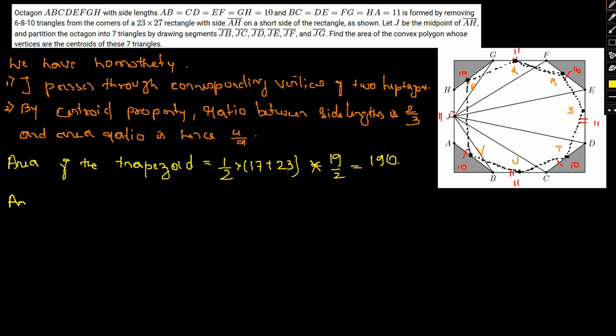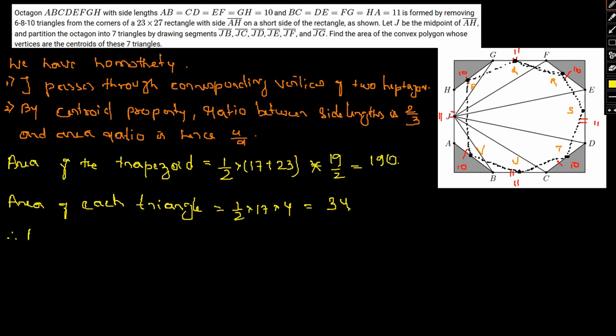Again, the area of each triangle in this case would be half into base into height. So basically this would give us 34. Okay.